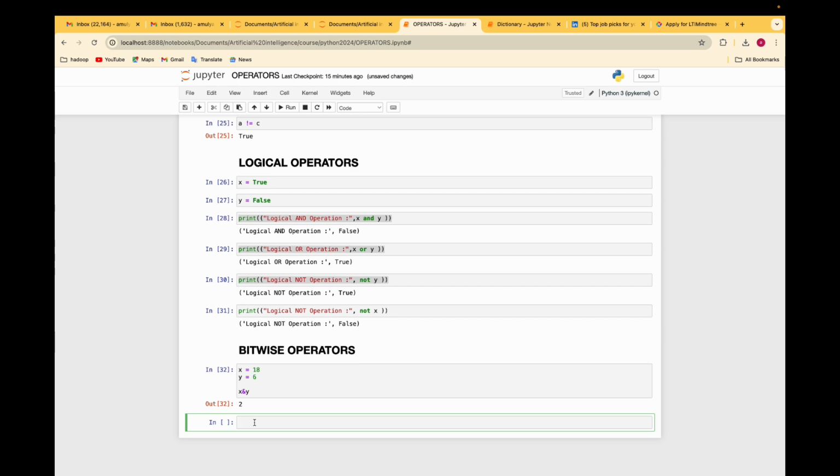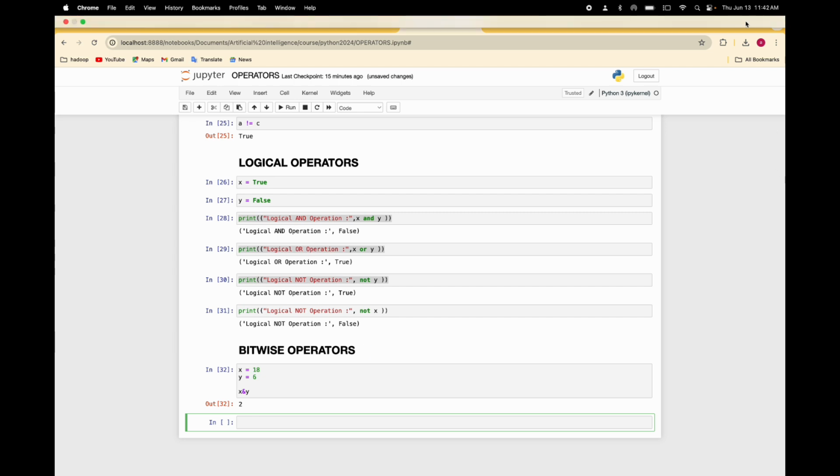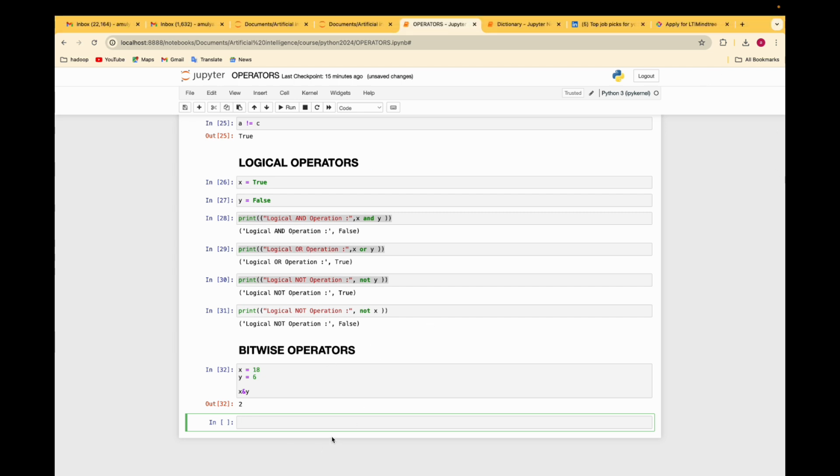If you know the calculation, what it does is, when we say bitwise operators, when you consider x equals 18, y equals 6, it converts them to binary format.